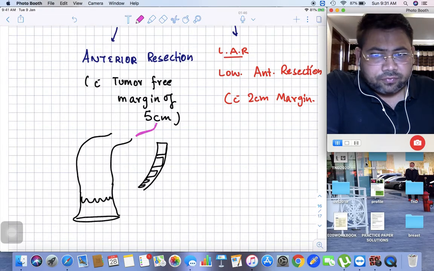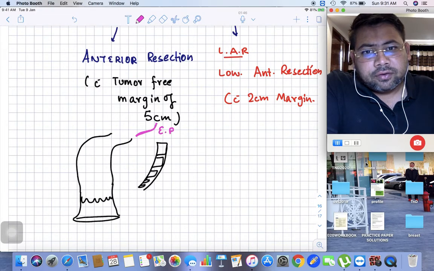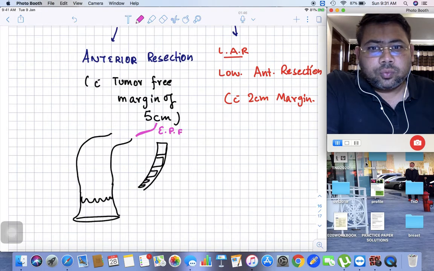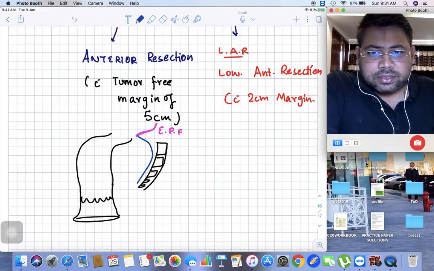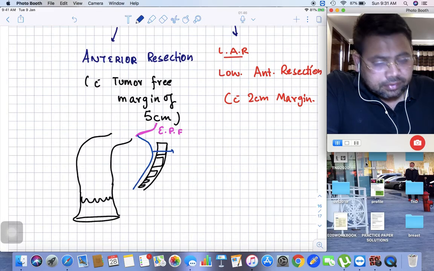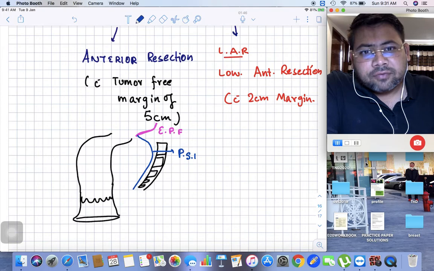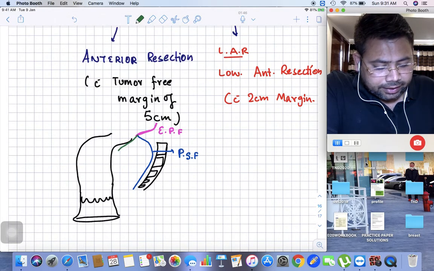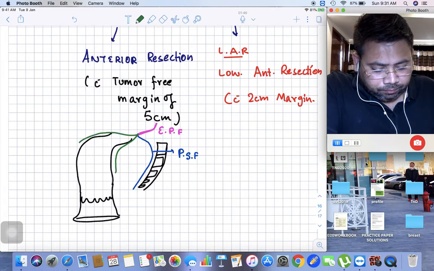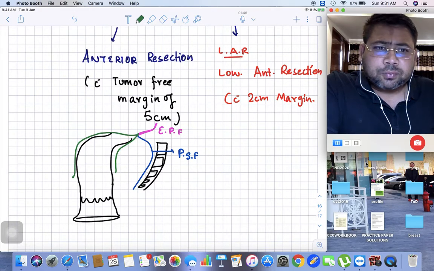This endopelvic fascia divides into two. One goes and covers the sacrum; this is known as the presacral fascia. The other one splits into two halves, one anterior and one posterior.